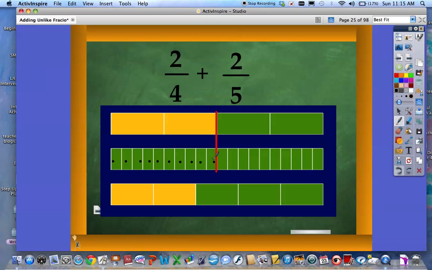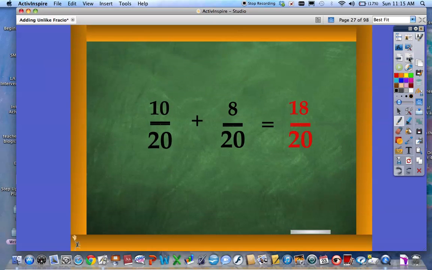Here we had our 10 20ths plus 1, 2, 3, 4, 5, 6, 7, 8 20ths. This amount here represents our 2/5, and if we count them all up, it's 18 20ths. So 10 20ths plus 8 20ths equals 18 20ths.